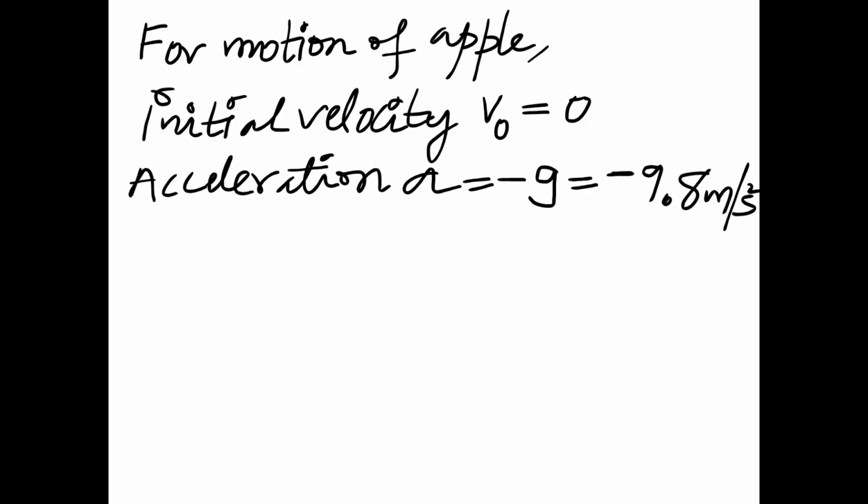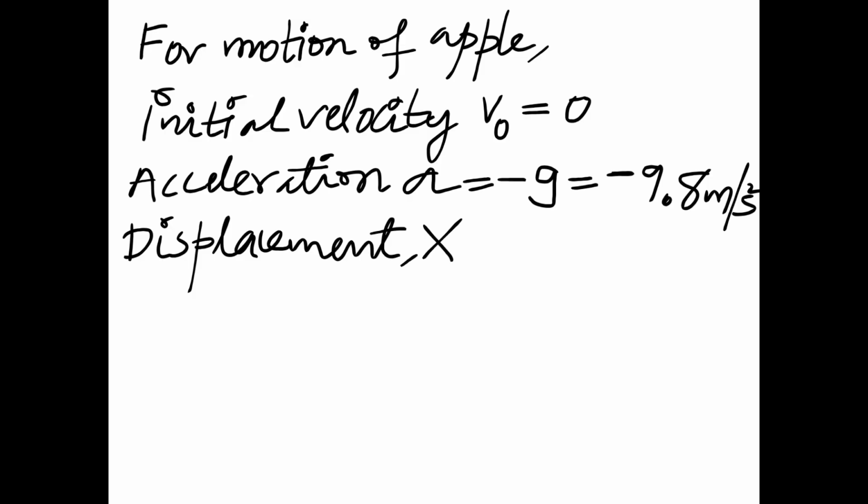Then what is the displacement up to which the mango and apple meet? Up to that point, what is the distance or displacement? We are writing x equal to h meters.